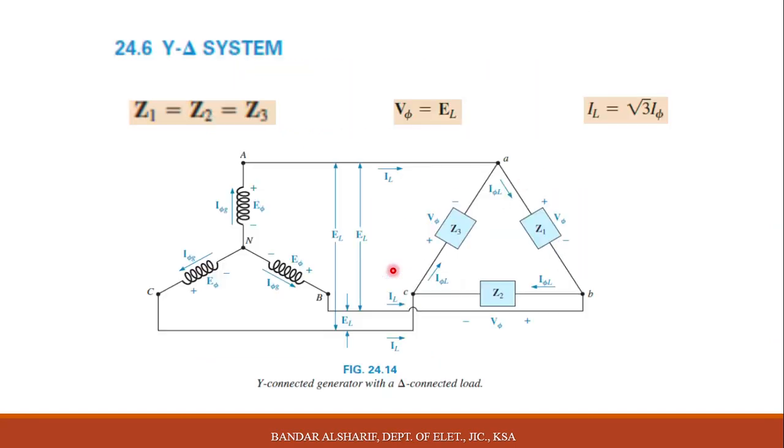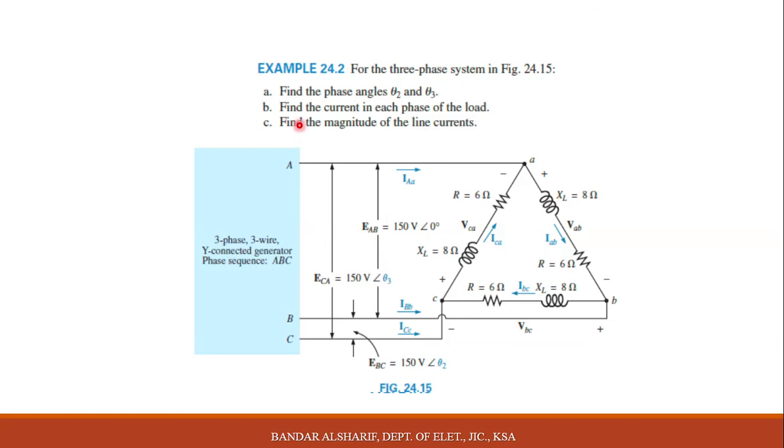For the last point, find the magnitude of the line currents. What is the line current? This is the line current. In part B, we found the phase current. Okay, this is the delta connection.